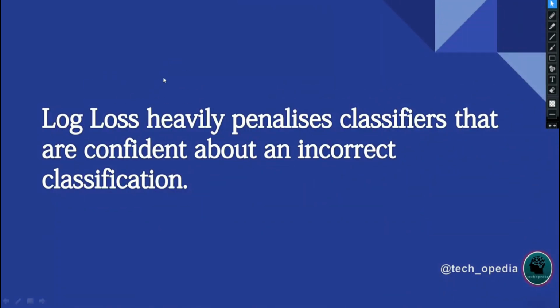If our actual value is far from the predicted value and our predicted probability is 0.9, it means it is incorrectly classified, yet it is confident that it is the correct value. So the log loss will penalize that point, the log loss error will be more for that point because it confidently predicted that value incorrectly.